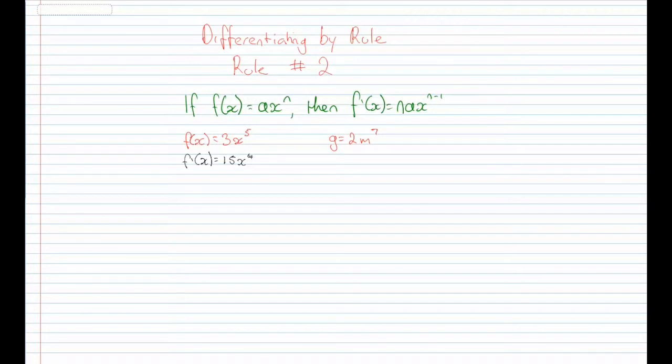So 15x to the power of 4. And for g, we do the change in g, dg, over the change in m, dm, noting that the dependent variable always goes on top. Equals 7 times 2 is 14, m to the power of 7 minus 1 is 6. So drop the power by 1.